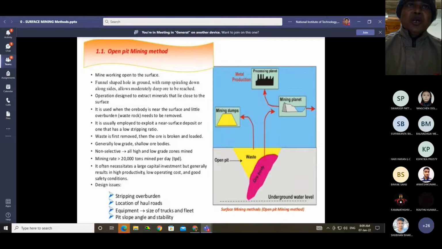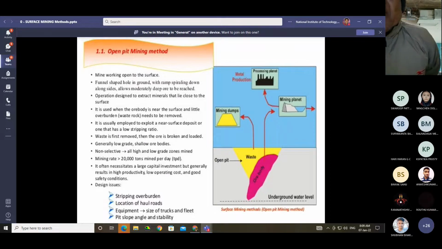There are some design issues. How to design the open pit mining methods. Stripping the overburden is the first operation. First, you have to strip the overburden, remove the overburden to reach the mineral deposit.